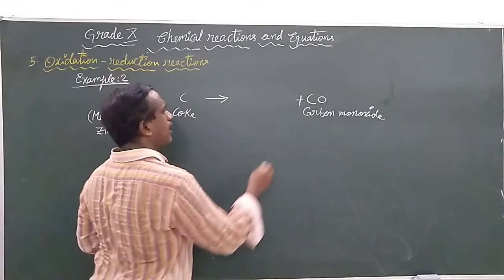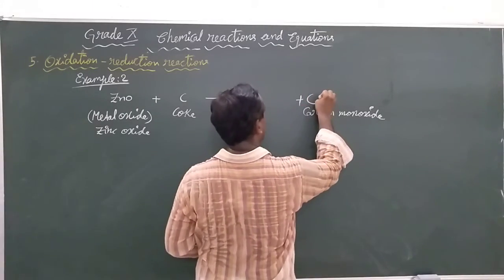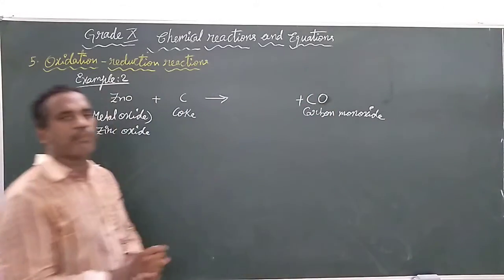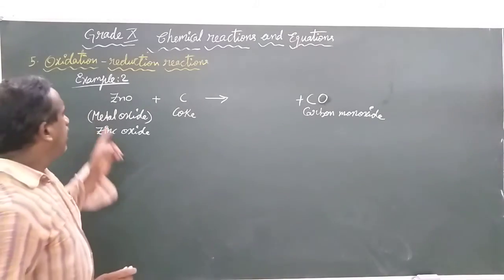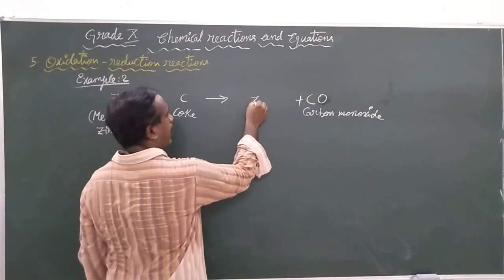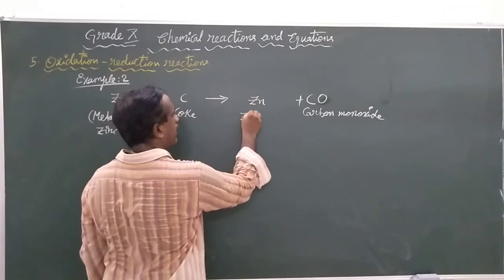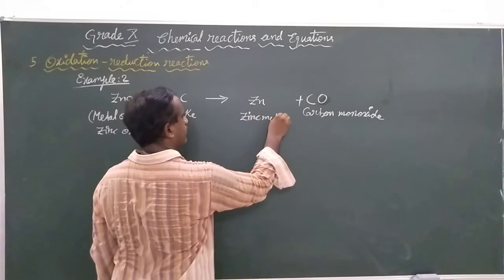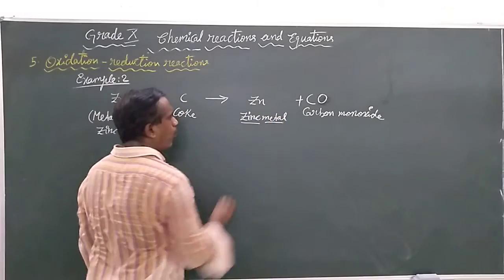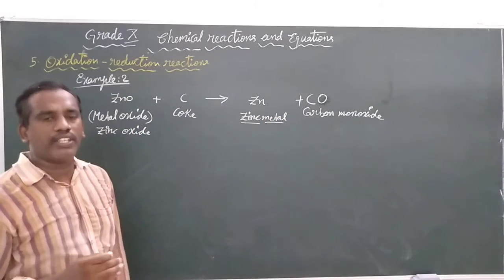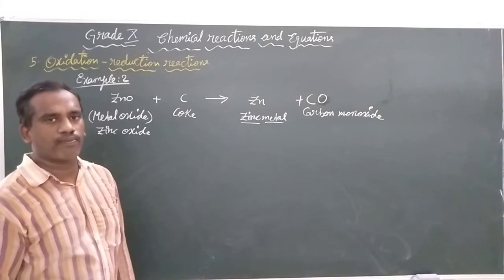Whereas the zinc, please see, both must be in capital letters only, children. The zinc is left behind. Zinc metal is left behind. What changes did you observe in this chemical reaction?